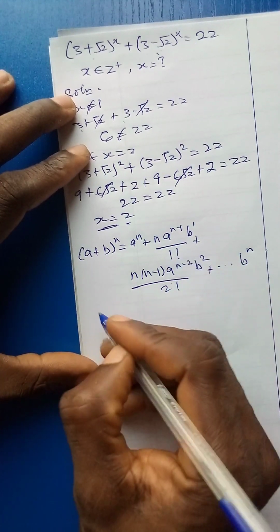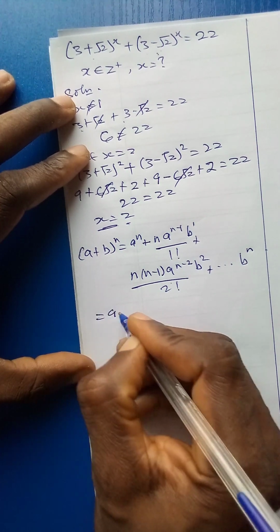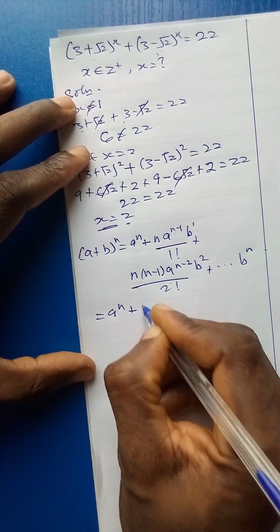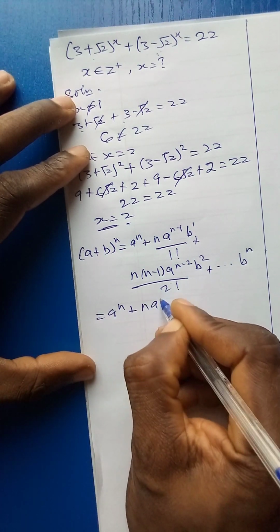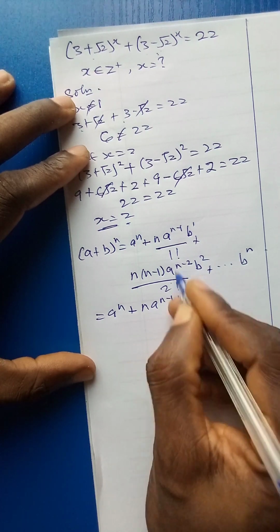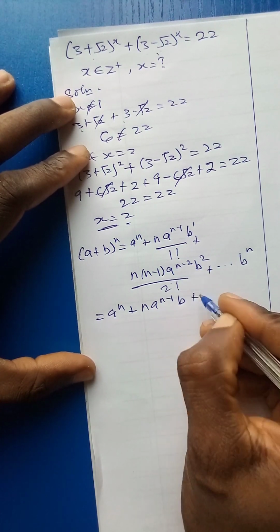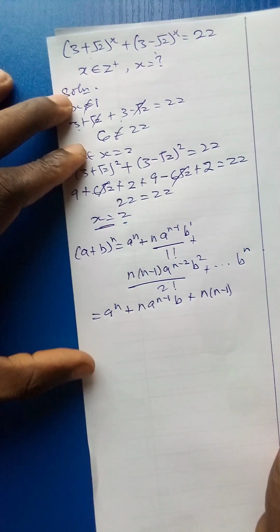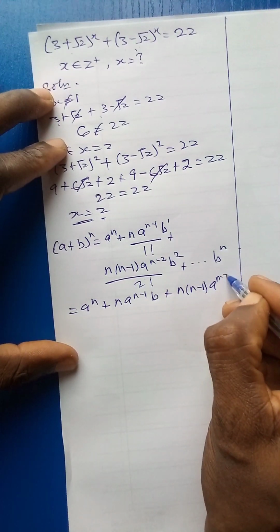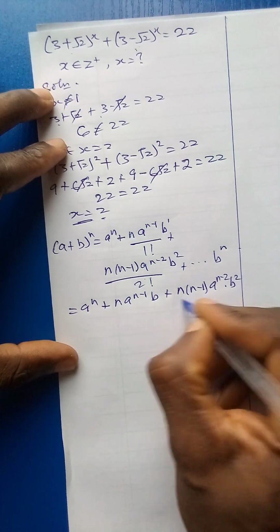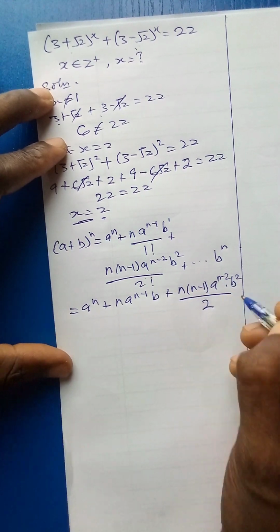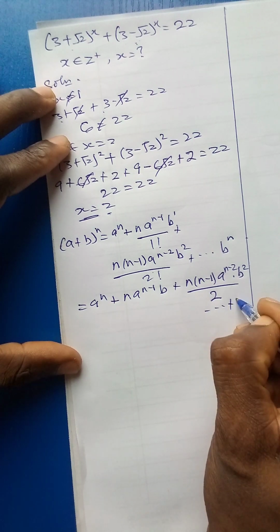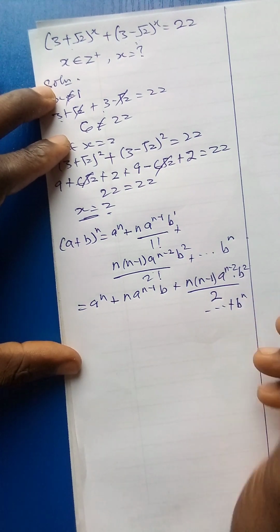If we simplify this, we'll have a^n plus n times a^(n−1) b, since 1 factorial is 1, plus n times (n − 1) times a^(n−2) times b^2 all over 2 factorial, which is 2, down till b^n.